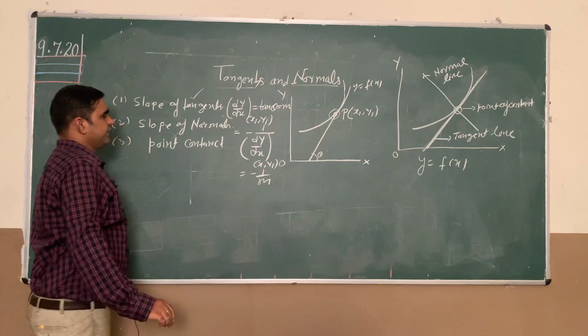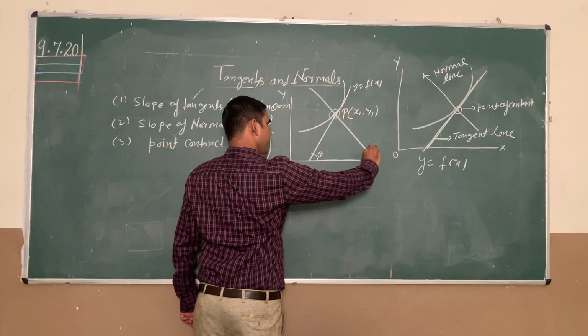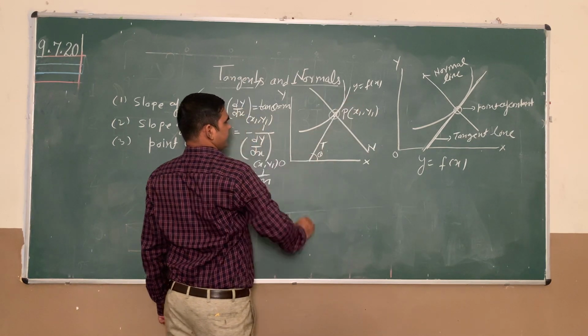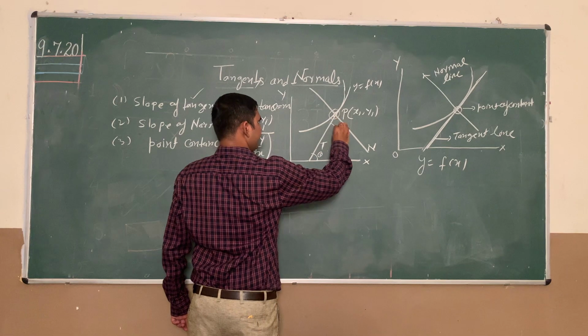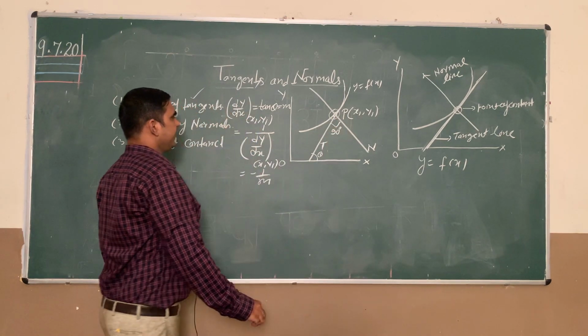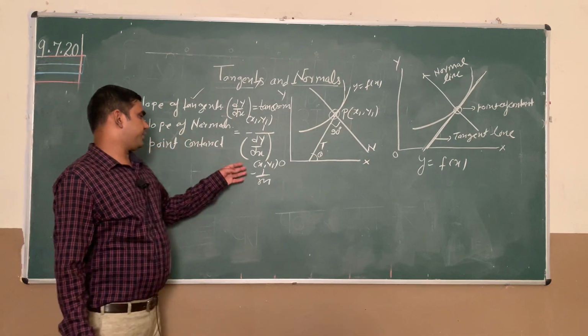This line is a normal line denoted by n, and suppose that this is denoted by t, and this angle will be 90 degrees.